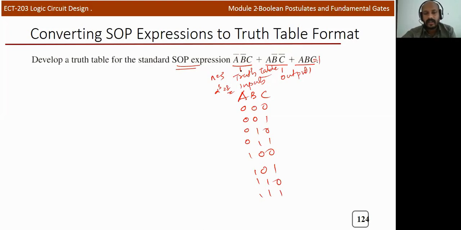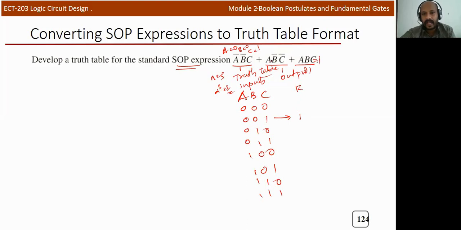In order to get the first term equal to 1, A value should be 0. If A is equal to 0, A bar is equal to 1. When B is equal to 0, B bar is equal to 1, and C is equal to 1. So 0 0 1, the function value is equal to 1.